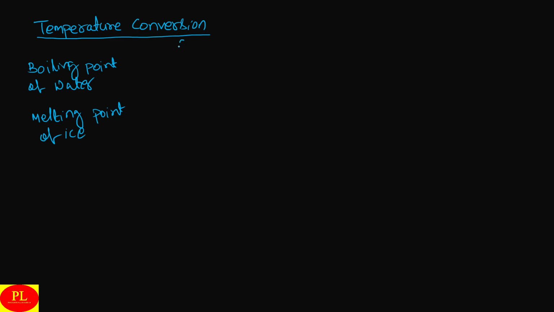Here in Celsius scale, it is 100 degrees centigrade and 0 degrees centigrade. In Fahrenheit scale, the melting point of ice is 32 degrees Fahrenheit and the boiling point of water is 212 degrees Fahrenheit.